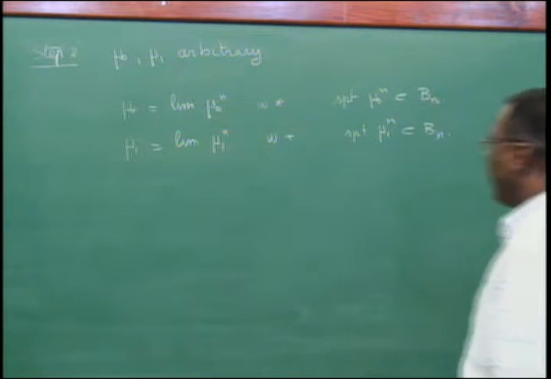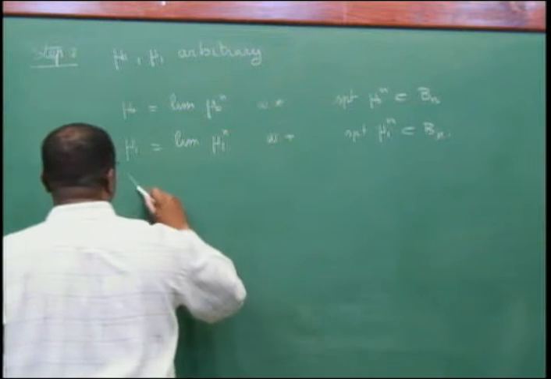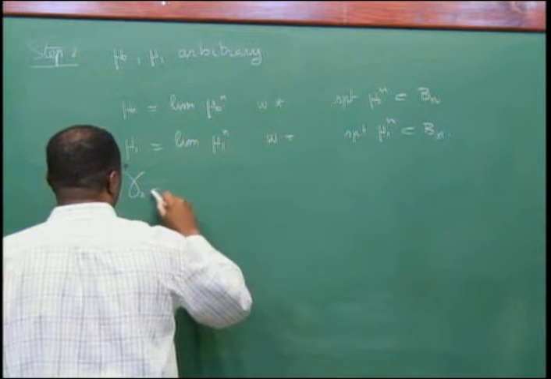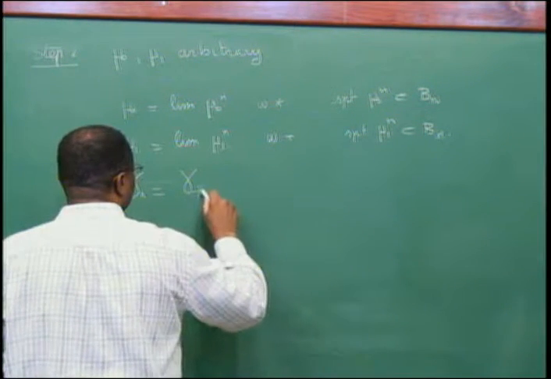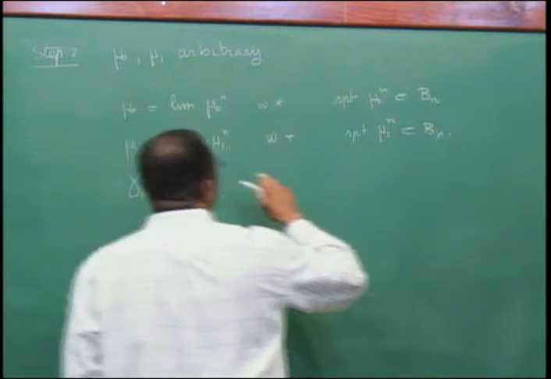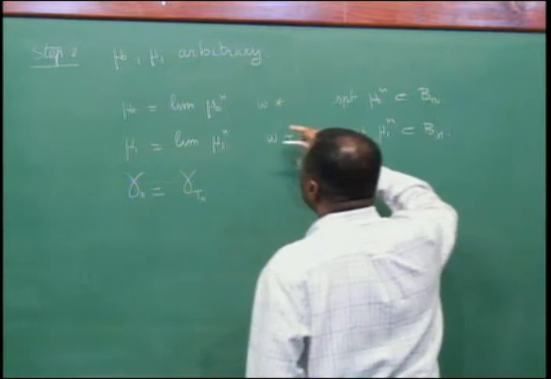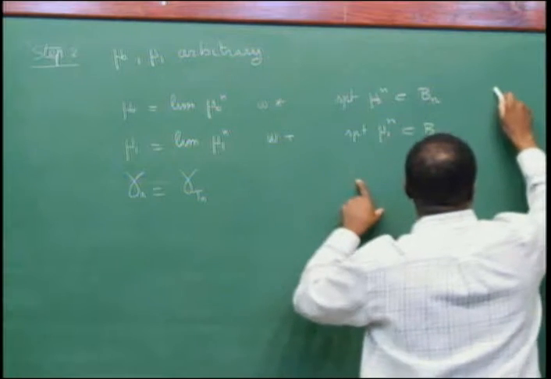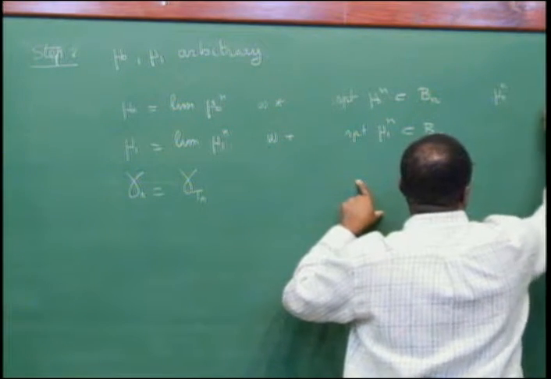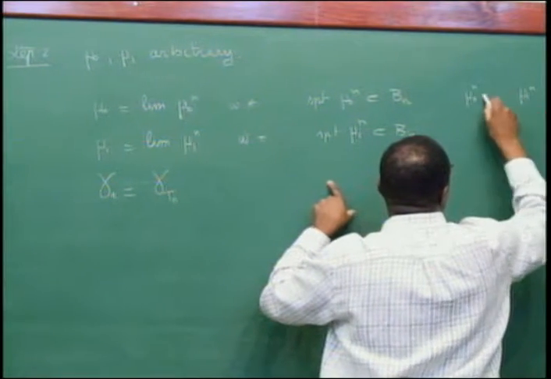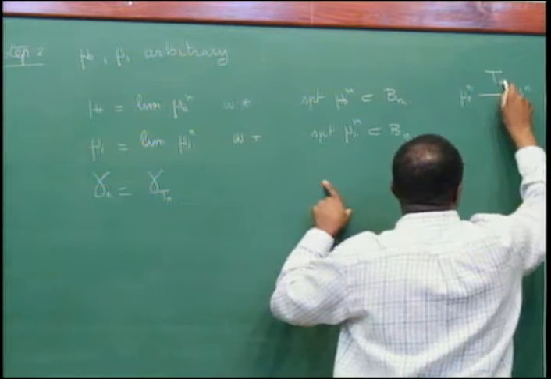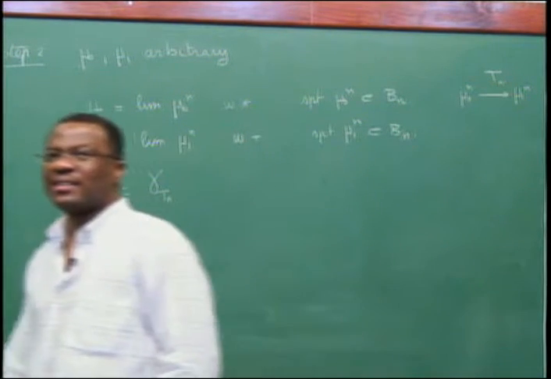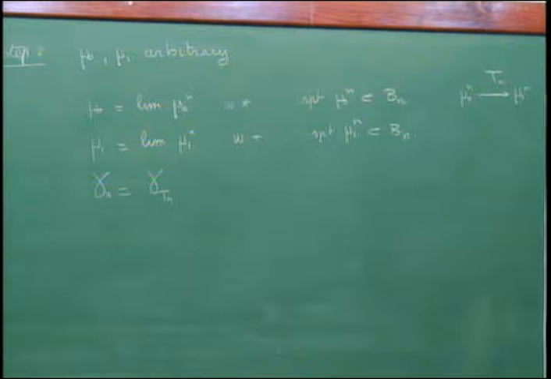And I am going to set gamma n to be gamma Tn. So between mu naught n and mu 1n, I have an optimal map Tn by the first step.